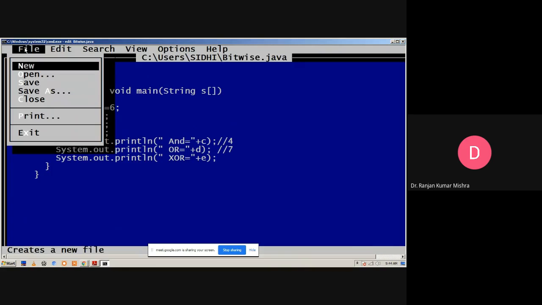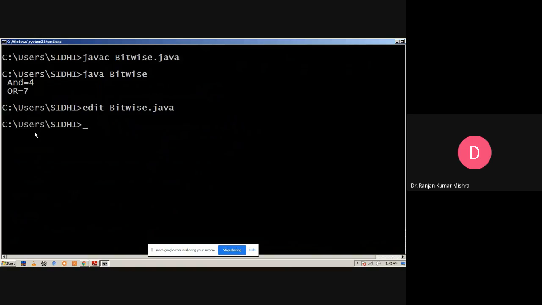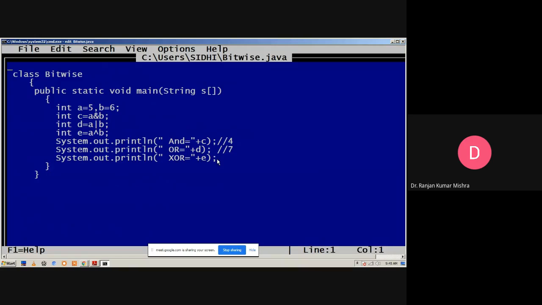File, save, and file, exit. Javac Bitwise. Exclusive OR equal to 3.